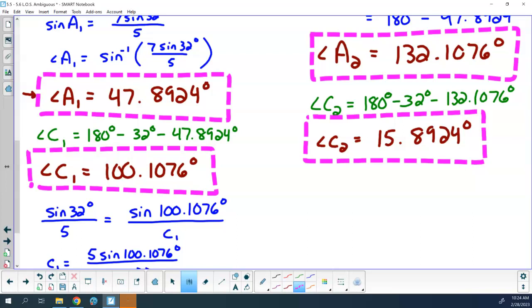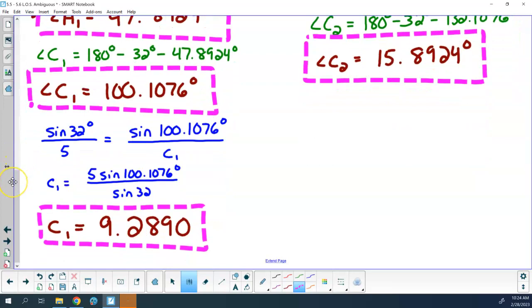Here's the best part of it. Okay? Provided that you wrote out all of this work over here to find side C sub 1, the only thing that changes from that work is your angle C. So you can go right to side C is 5 sines of, now instead of angle C being 100 degrees, angle C is 15.8924 degrees.